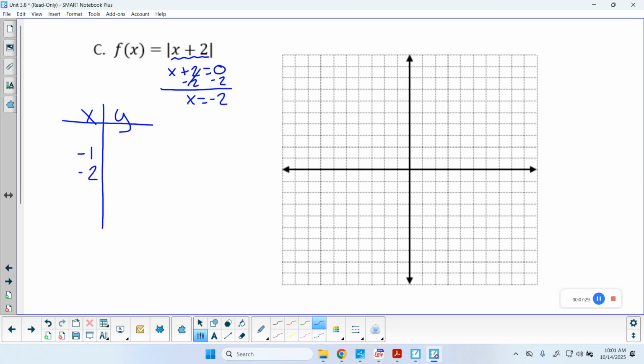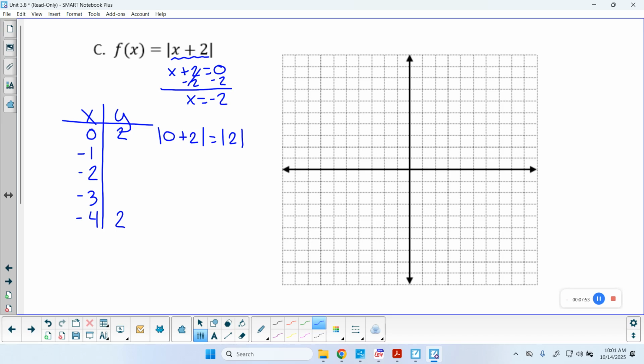We'll count up to -1 and 0, down to -3 and -4. Now we're going to plug everything in. So if we plug 0 into x, it'll be the absolute value of 0 plus 2, which is just the absolute value of 2. So the y value is 2, which means for -4, the y value will also be 2.